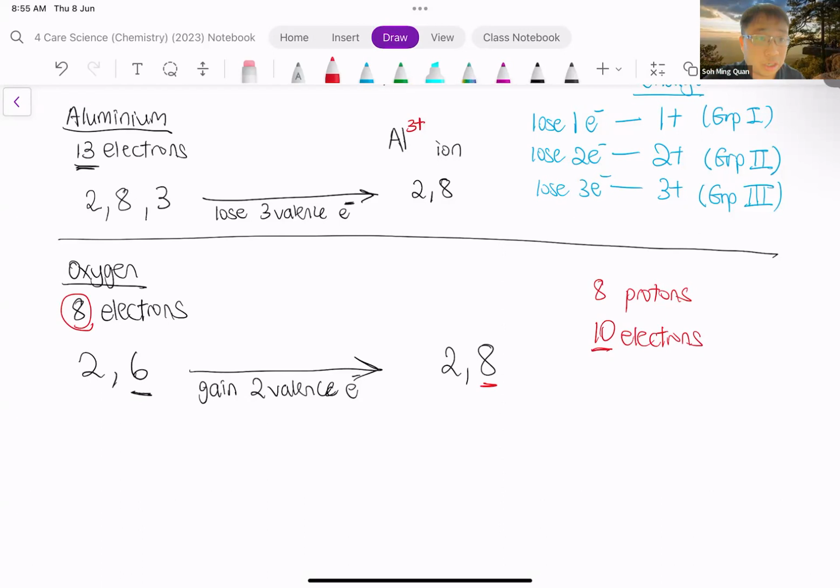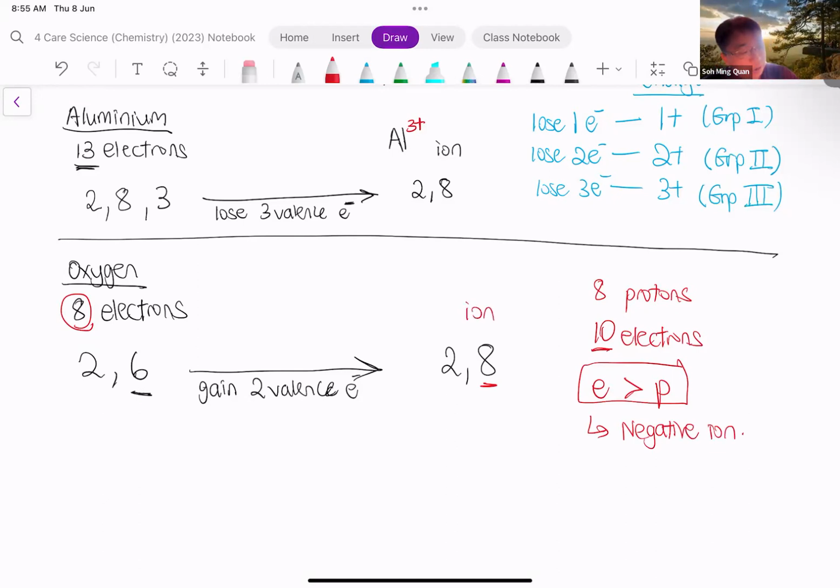So it's quite obvious now, we have the reverse situation. We have more electrons than protons, right? 10 electrons versus 8 protons, more electrons than protons. Electrons are negatively charged. If you have more electrons, this means that it's a negative ion.